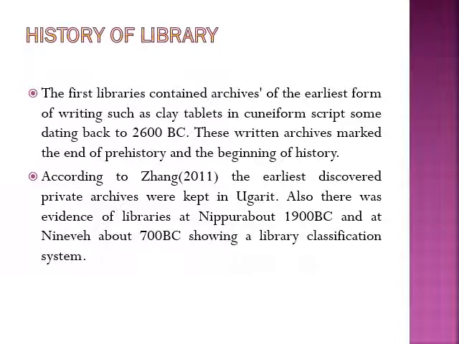We're going to talk about classification systems as we move along, but all you need to know is that a classification system offers a logical sequence upon which library resources are processed and displayed in the library.